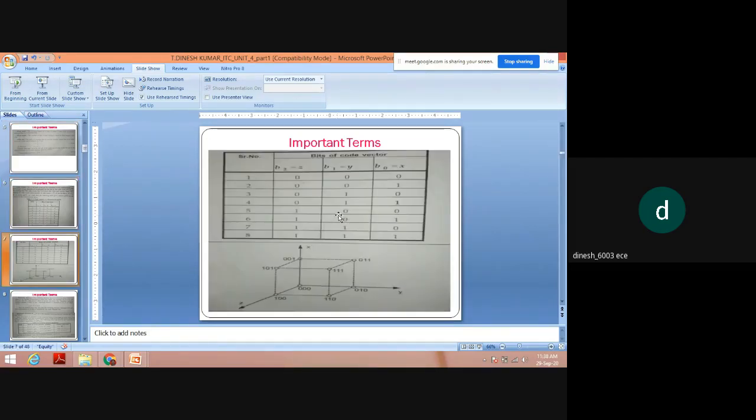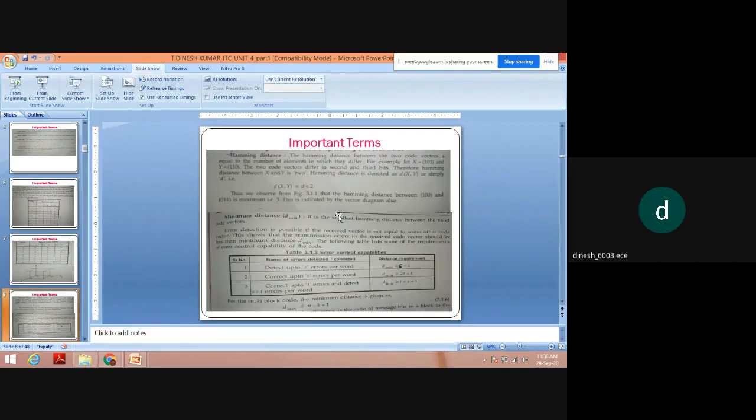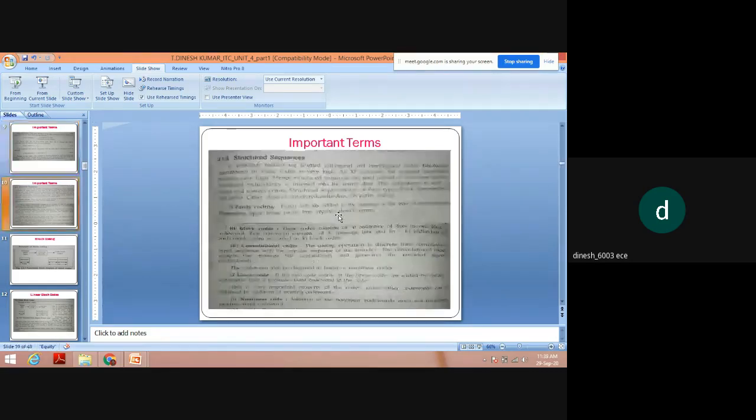Definitions of code vectors, and the diagrammatic representation of code vectors for n equal to 3, which gives 2 power 3, which is 8 bit states. The Hamming distance, its capability to detect and correct, code efficiency, and the different structured sequences.